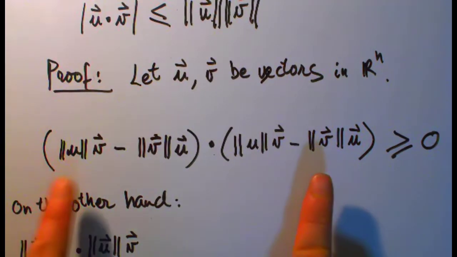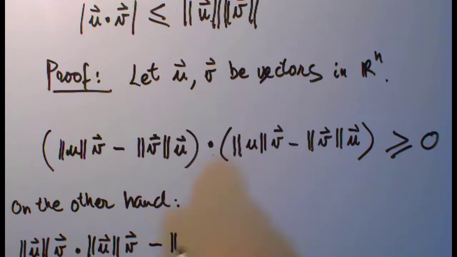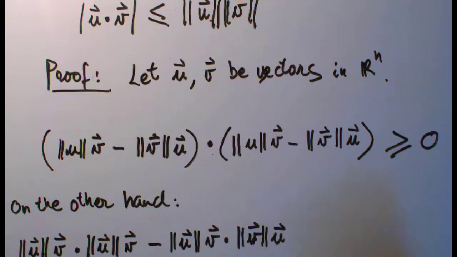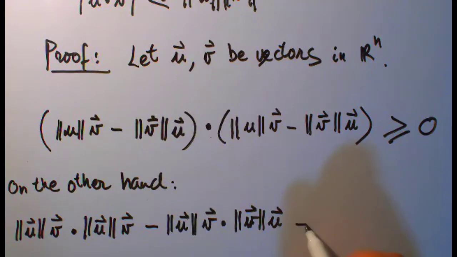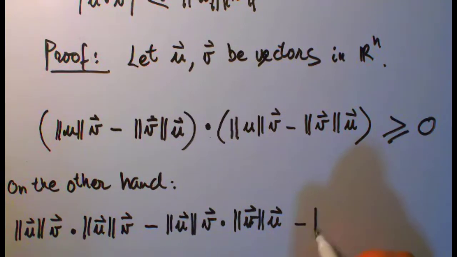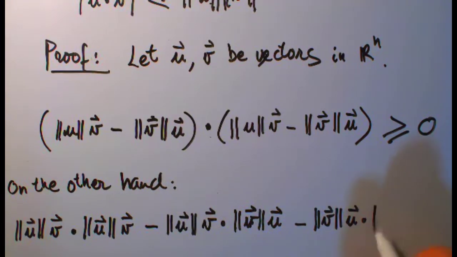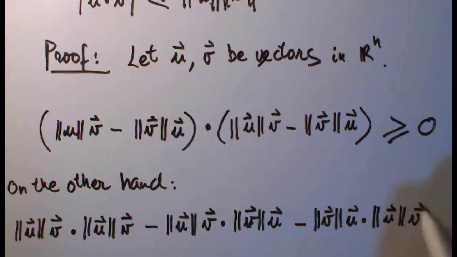Then the first term with the second term of the other one: minus length u times v dot with length v times u. Then these two terms produce a minus: length v times u dot with length u times v.